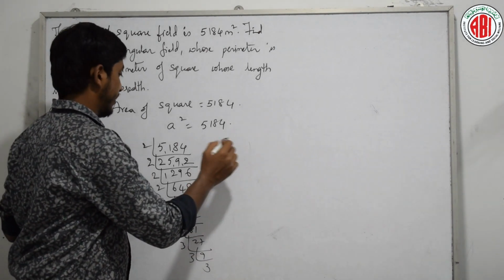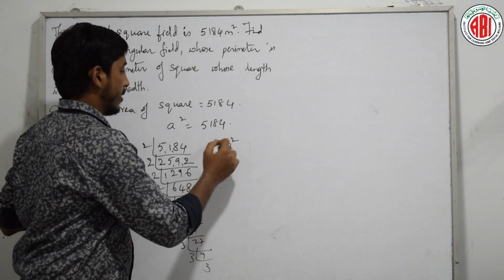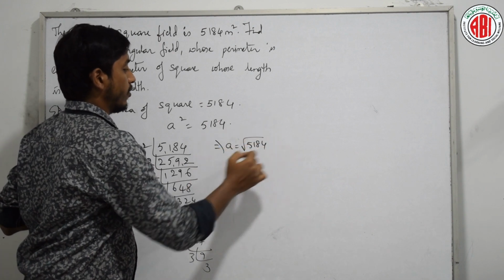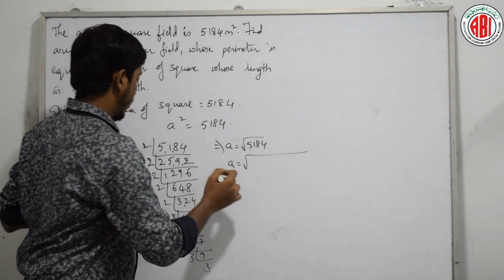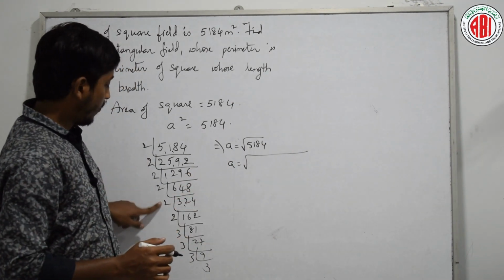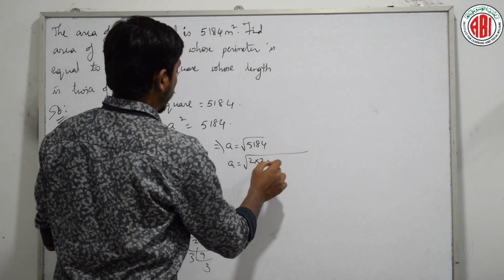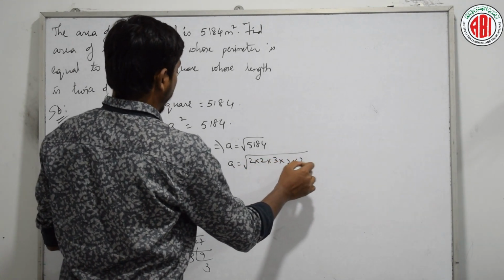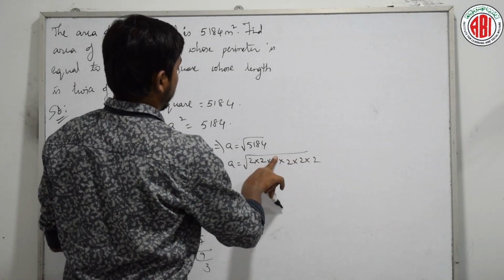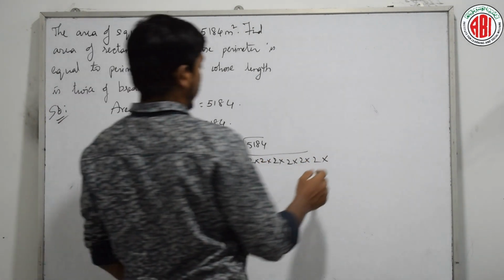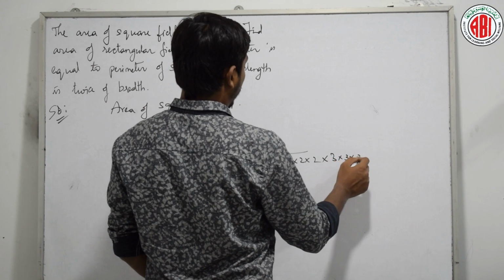We will write a square is equal to the square root of 5184, that is the square root of six 2's, 1 2 3 4 5 6, into four 3's, 1 2 3 4.